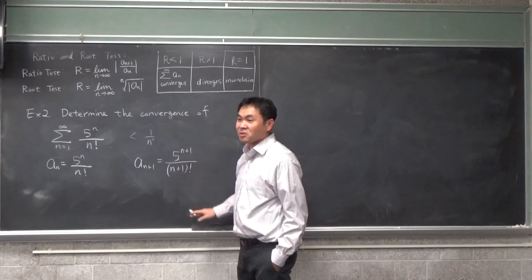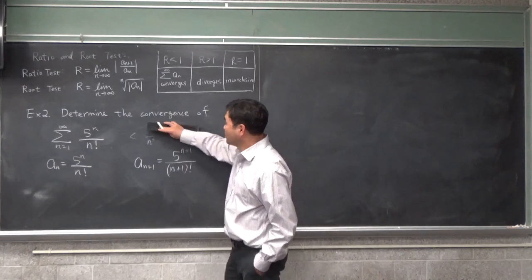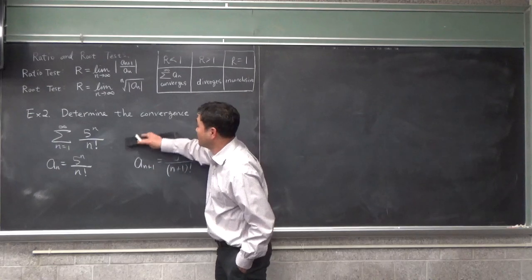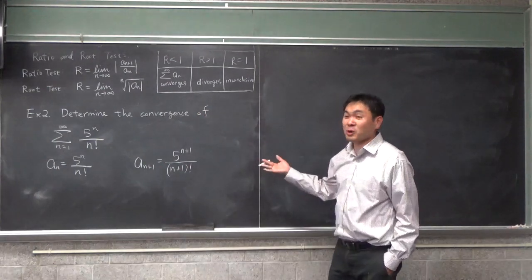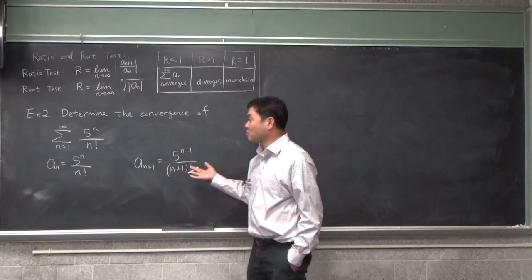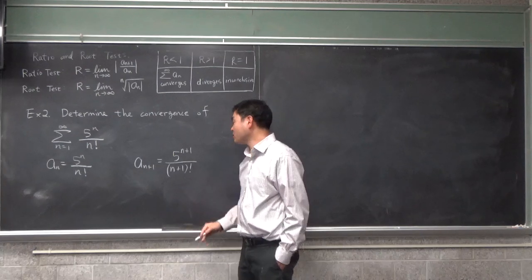That requires a little bit more calculation, so it's not easy. And that's why you want to use the ratio test. The ratio test makes things a lot easier. You don't have to think about another thing to compare with.